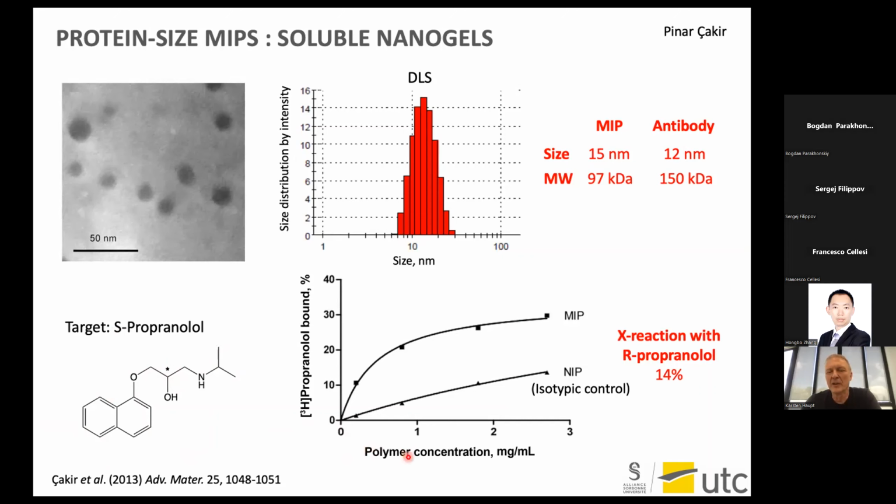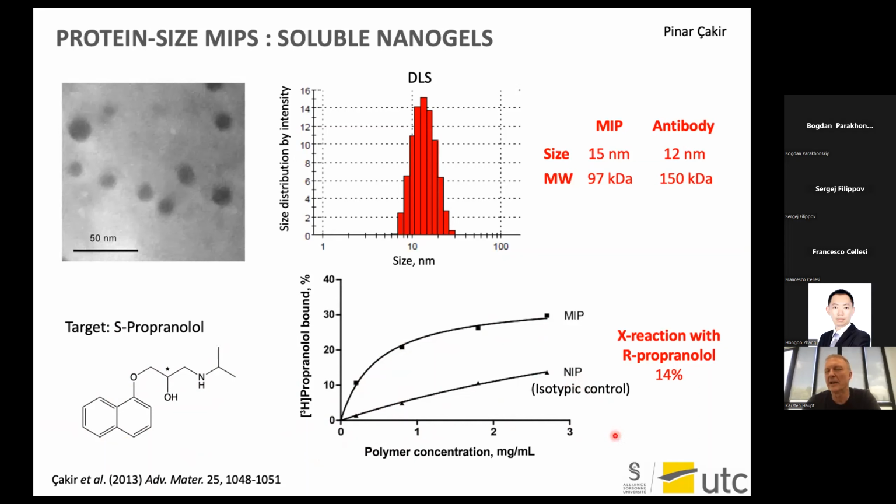And now if we use a radio-labeled version of this drug at a constant concentration and titrate it with increasing polymer concentration, we really have a nice hyperbolic binding curve and a good difference in binding with the chemically identical control polymer.